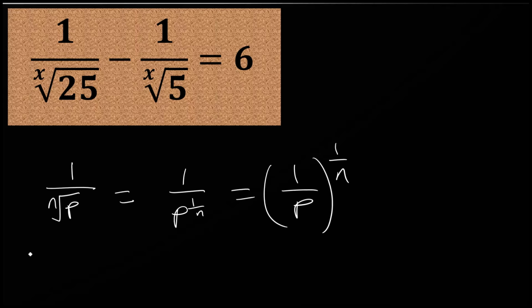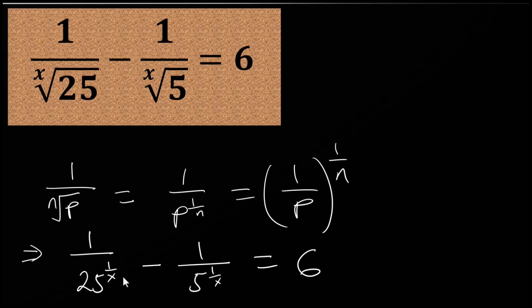So we can write 1 on the x root of 25 as 1 on 25 exponent 1 on x, minus 1 on 5 raised to 1 on x equals 6.